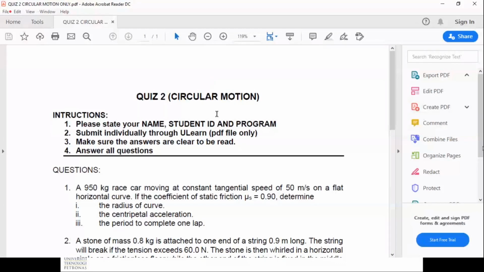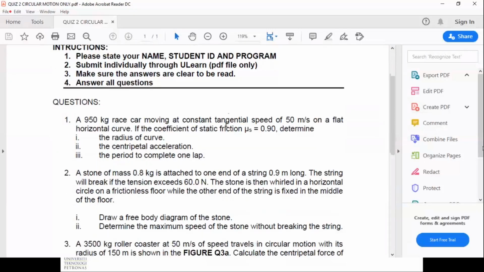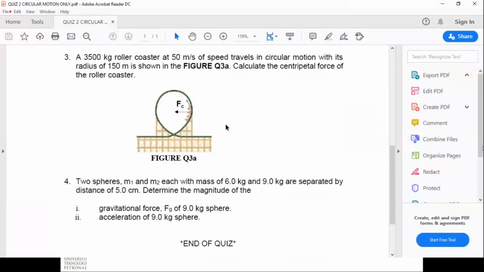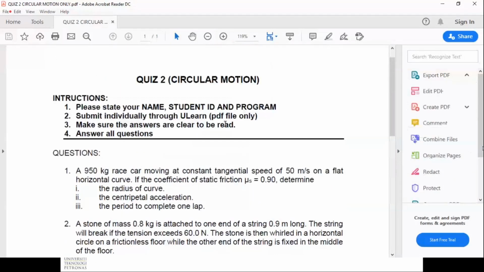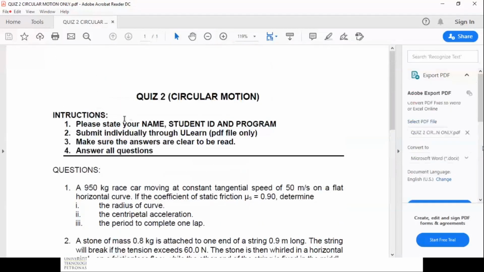Quiz 2 for circular motion, there are 4 questions, all only related to circular motion. So I want you to try to do the questions, and please state your name, student ID, and program, just like usual. That is our normal practice. Use PDF files only for the submission. You can only submit once, so please check before you submit, and make sure I can see the answer.